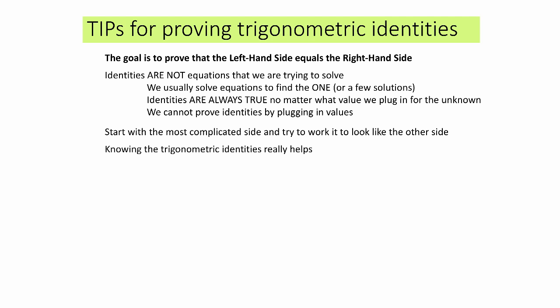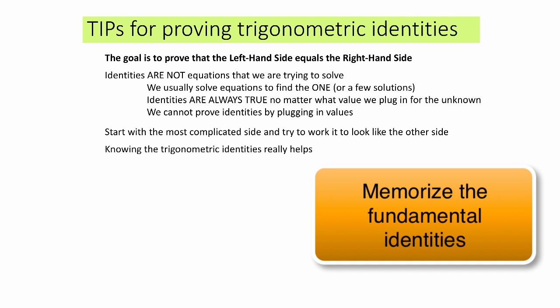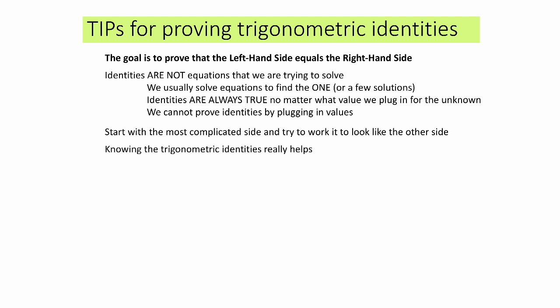Knowing the trigonometric identities really helps. If you haven't memorized those fundamental identities yet, at least have a cheat sheet next to you that you can look down at, and sometimes that will trigger ideas about where to get started. As we've done in this example, sometimes when you rewrite everything in terms of sines and cosines, you can really get somewhere.